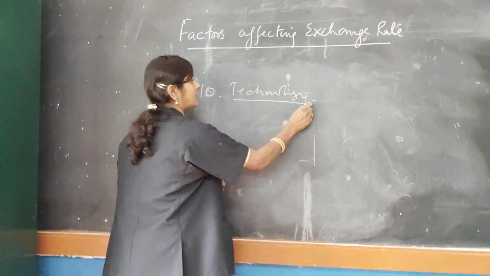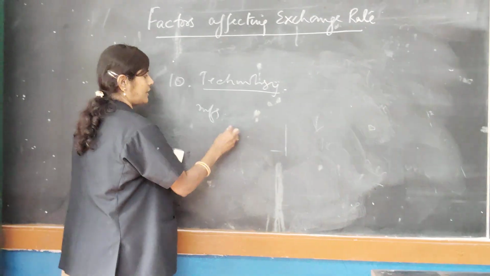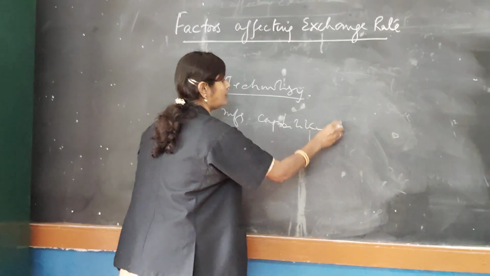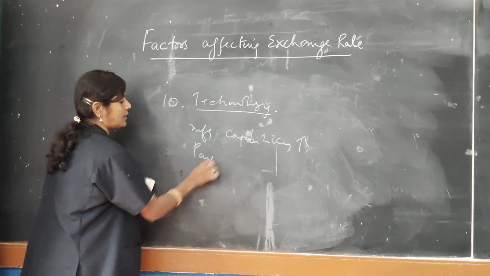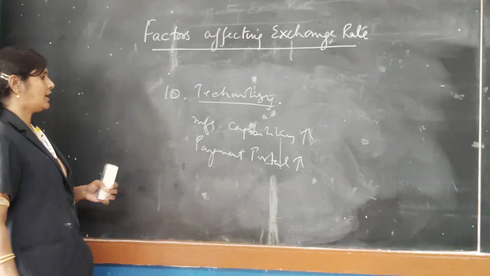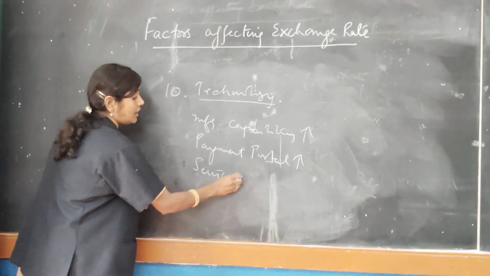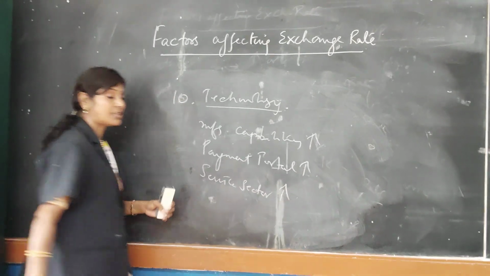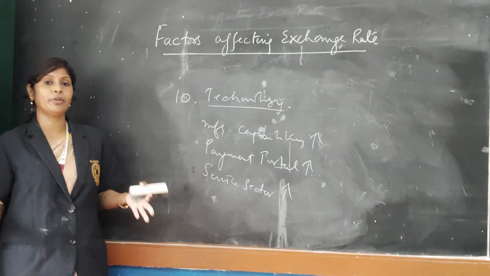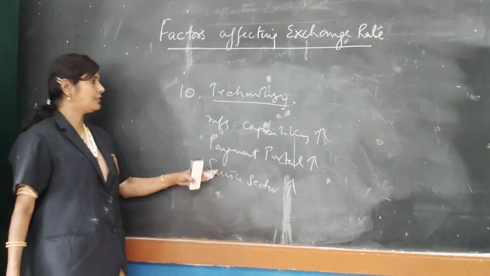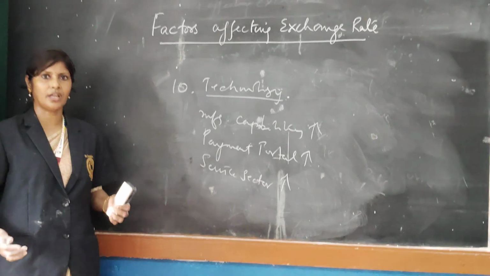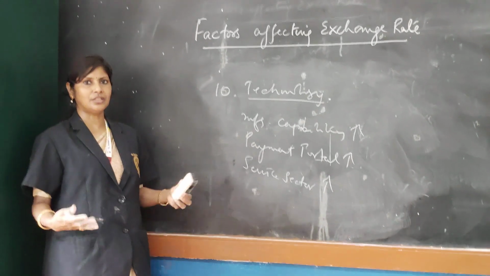Due to technology, manufacturing capabilities will improve, and then the payment portal will improve. Then the services sector will improve, because IT and ITES services are a major economic growth sector, where if the technology improves, this also improves. So all are interconnected to each other, and one leads to another improvement.